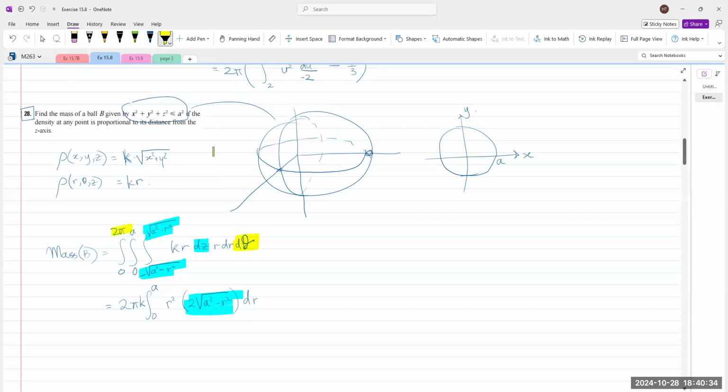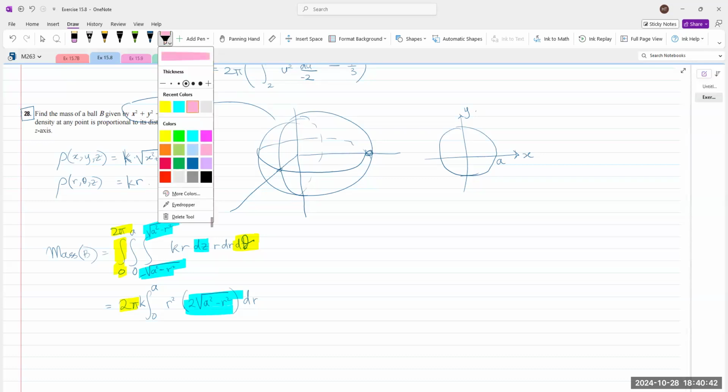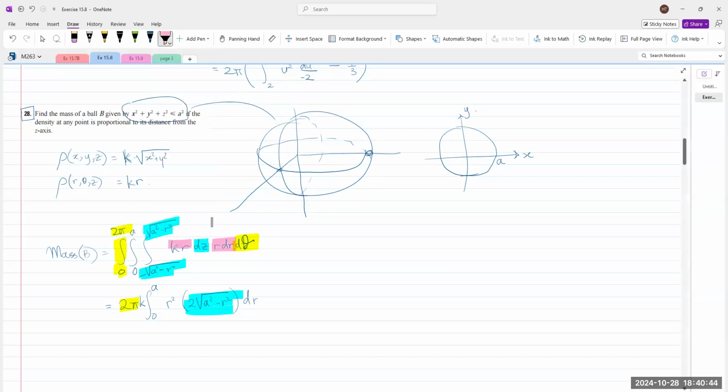This guy will give me this. And then what else? This guy will give me this r squared dr. So I don't miss anything. Okay, so the thing is I have that r squared. I don't like that. How do we do this?